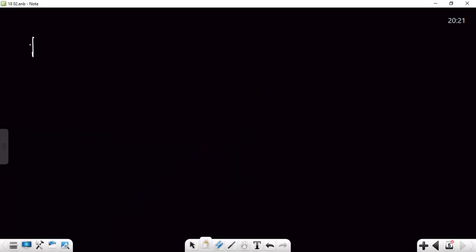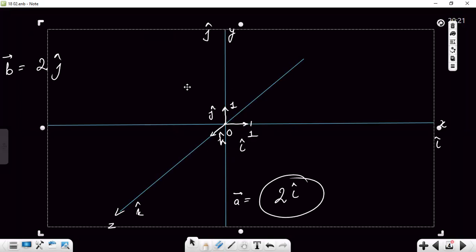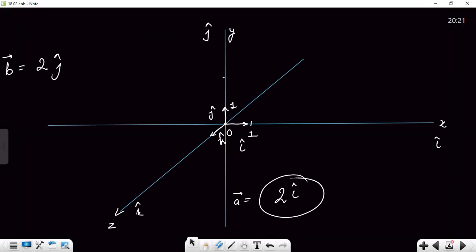So from here we derive the concept of position vectors. Let's copy our diagram.